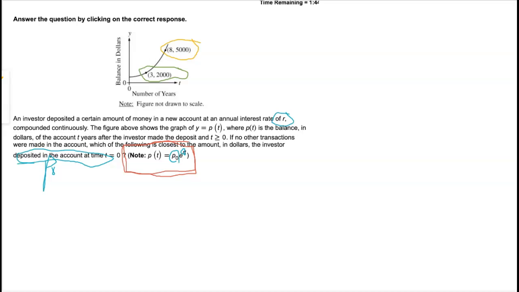All right, so let's get these two equations, right? Let's get the green equation. That means P of 3 is the amount of money. So P of 3 is $2,000. The value of P is $2,000 after 3 years. So that's P0, I could call it the initial investment.